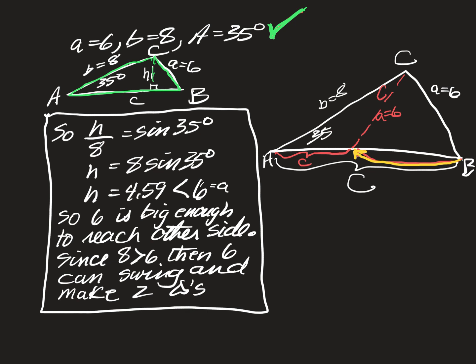But if you look over here on the right, I've redrawn the triangle, and that side, A equals 6, follow the yellow line, it can swing over and actually touch side C in 2 places. So the red triangle with angle C smaller and side C smaller is 1 triangle, and the white triangle with angle C bigger and side C bigger is the other triangle. This is the 2 triangle case.